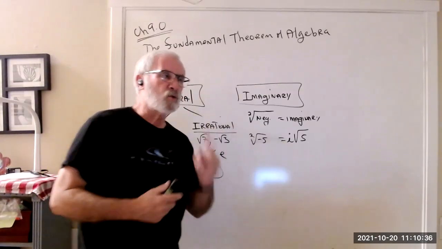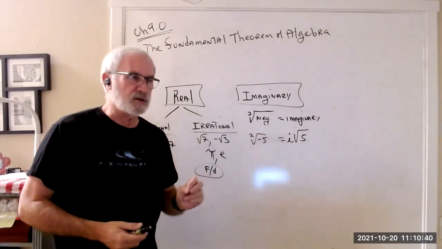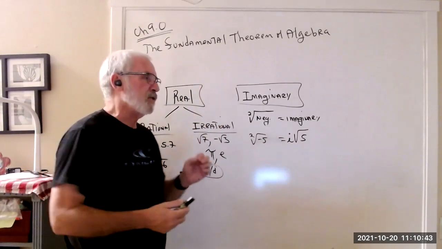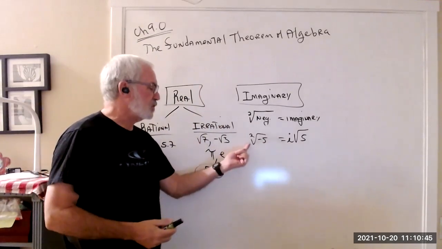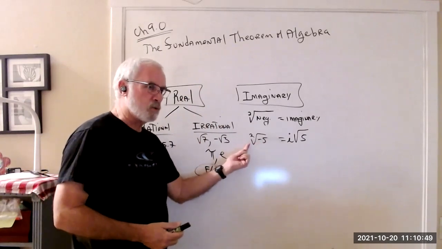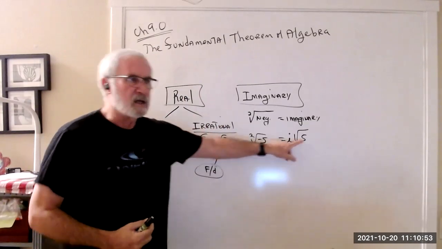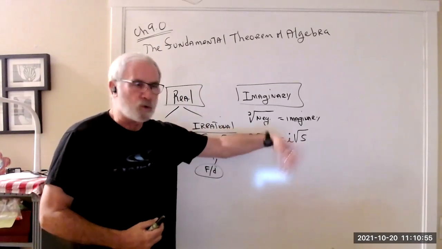So there's a rule, and I'm going to show you more things. The instant, and I can't stress that enough, the instant you see a negative inside of a square root, you take it out and call it i times the normal square root, and then you work from there.